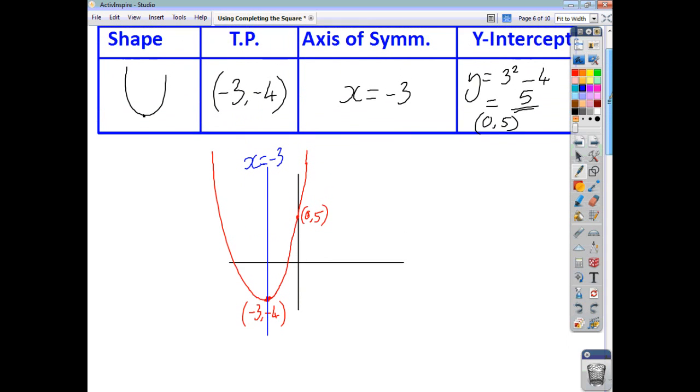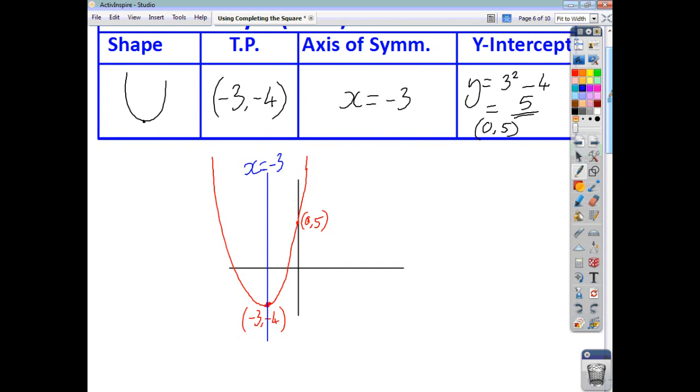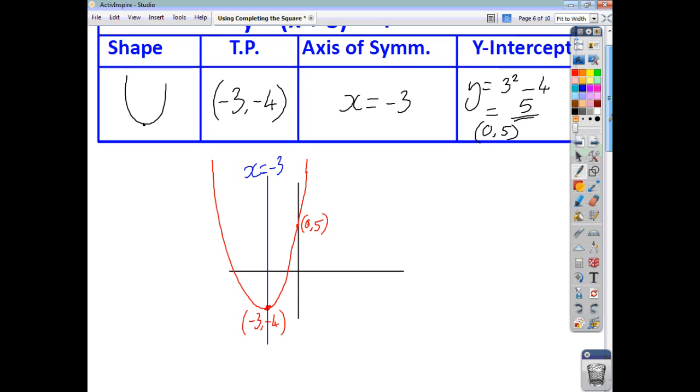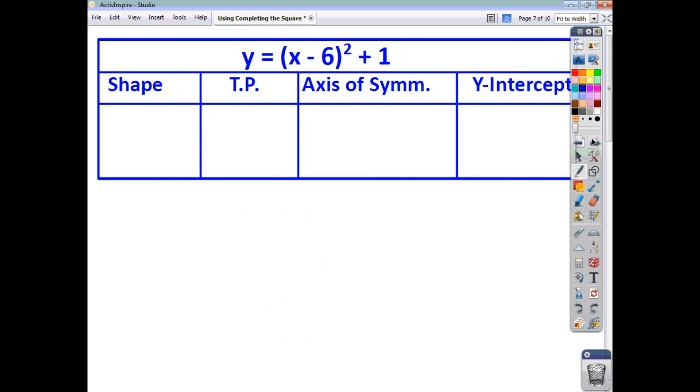That is how you can use completing the square as a means of identifying key features, which you can then use to sketch a quadratic function. Let's have a look at this one. This time, again, x squared is going to be positive, so it's that shape. Your turning point is going to be taken from these values, so it's 6, 1.